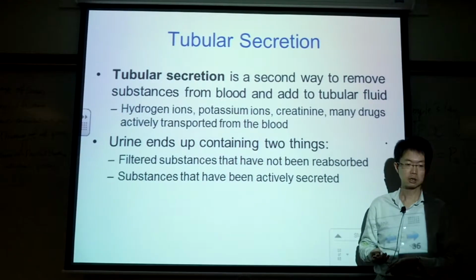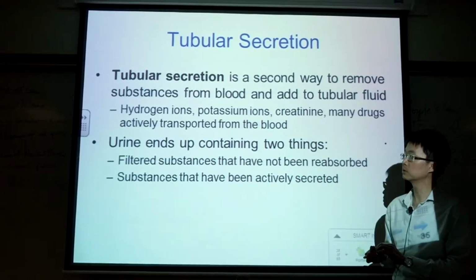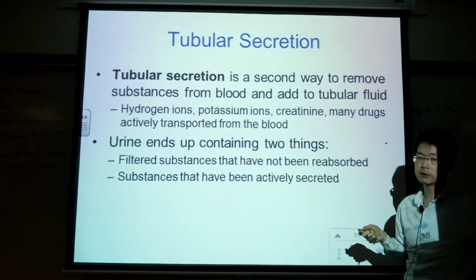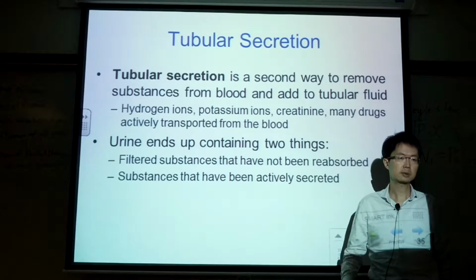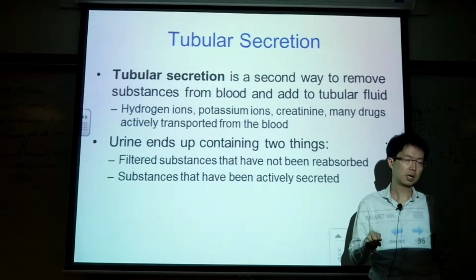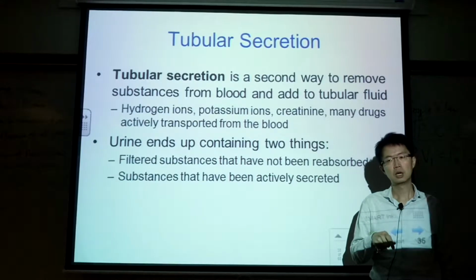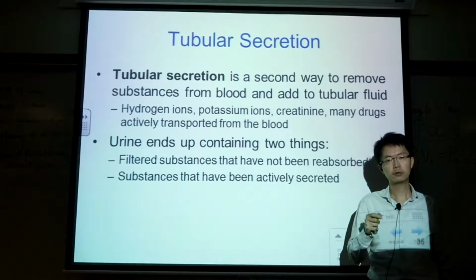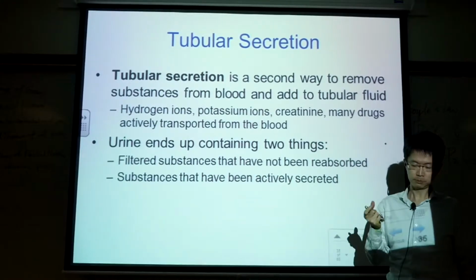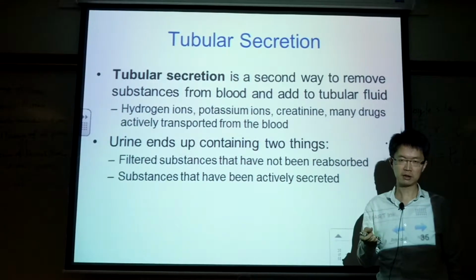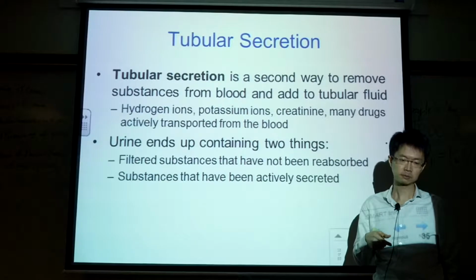Okay, let's talk about tubular secretion. I told you that filtration is basically from your capillary to your kidney. Filtration occurs specifically in your glomerulus and Bowman capsule.